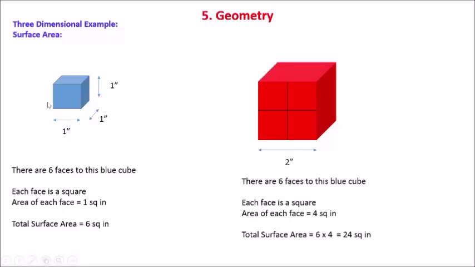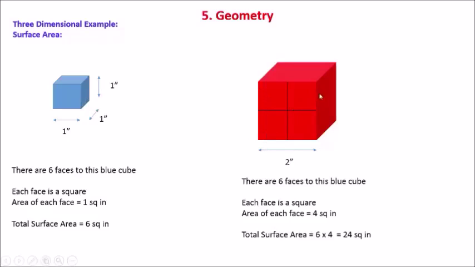So now let's go to the red cube. If you take the red cube, you can divide this face into 4 equal squares, right? Since I've got 2 inches, 2 inches, 2 inches, each square is 1 inch by 1 inch. I've got exactly 4 squares here.